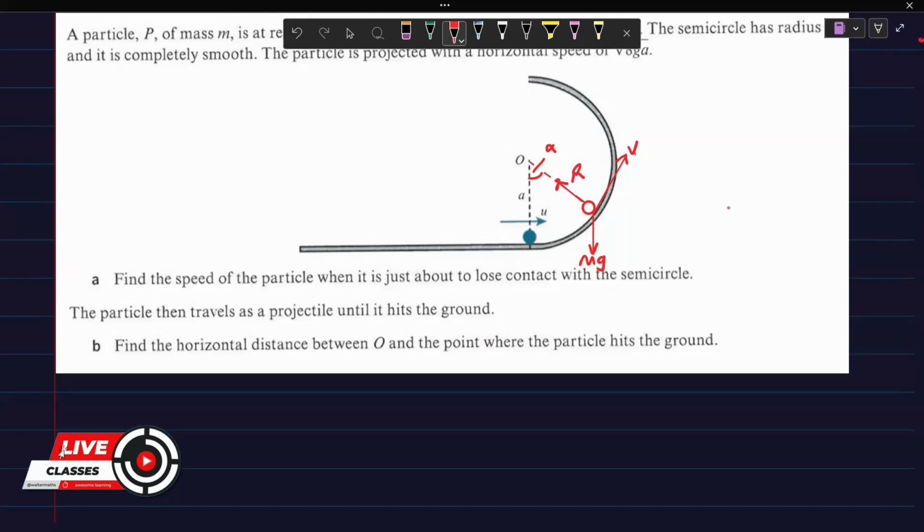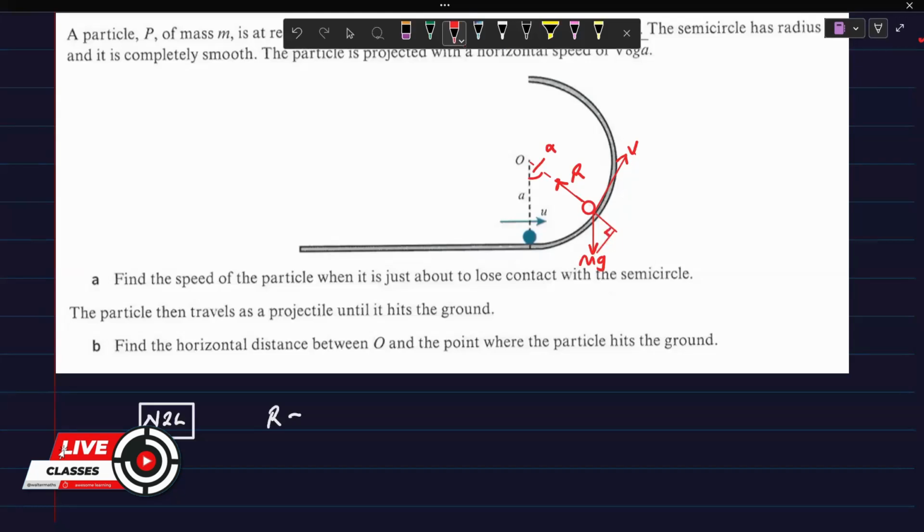So for this general point, we are going to consider, firstly, Newton's second law. The resultant force of the forces acting on the particle at the general point is going to be R minus the component of mg, which is this component here.